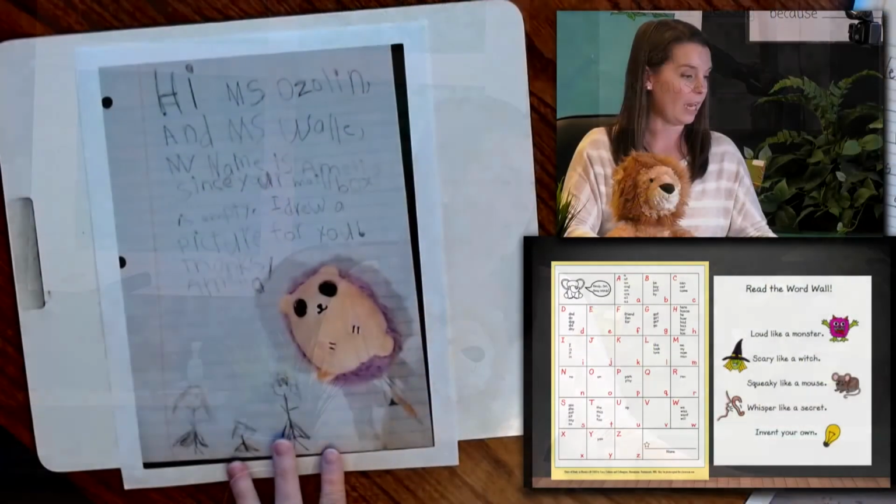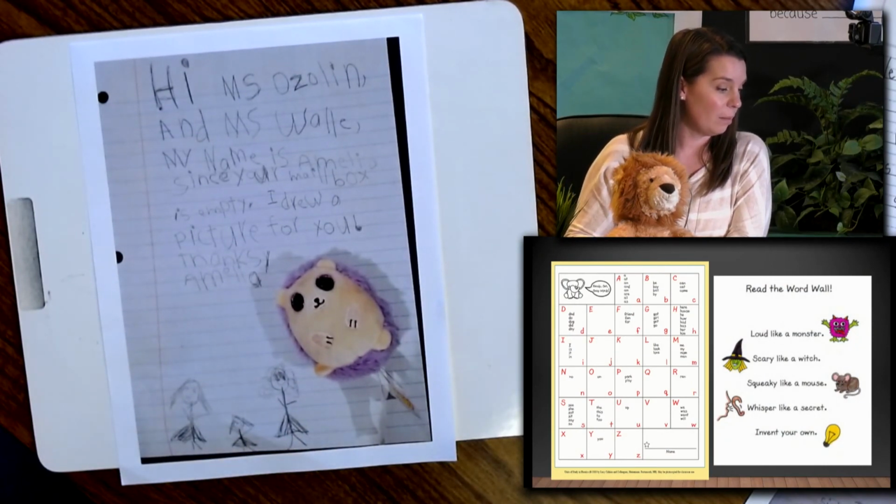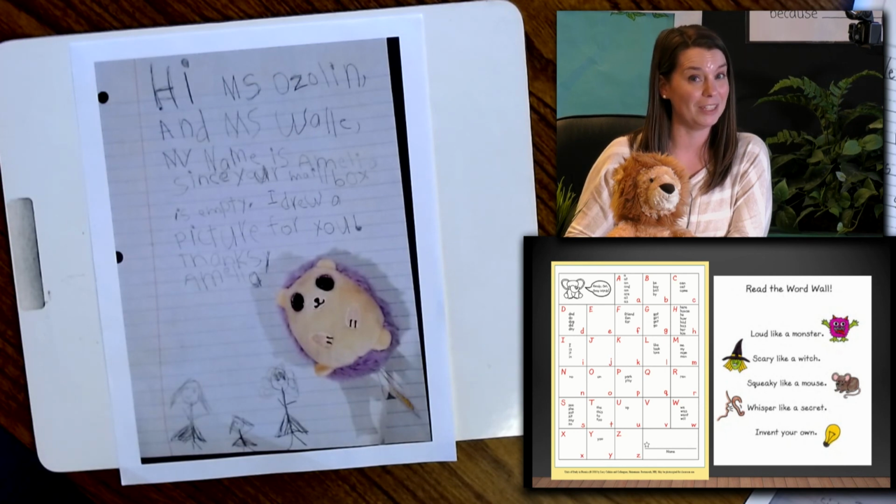Look, I'm going to show you. Amelia wrote us a letter and sent it to us here at TV Classroom. Her letter says, "Hi, Miss Oslin and Miss Wally. My name is Amelia. Since your mailbox is empty, I drew a picture for you. Thanks, Amelia." And I can tell Amelia is using a lot of what she has learned to be a very strong writer.